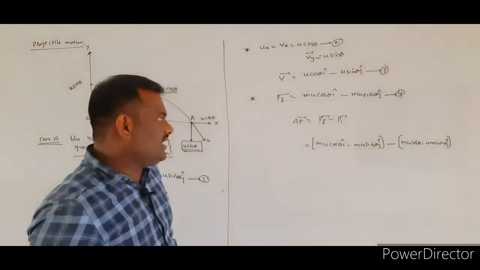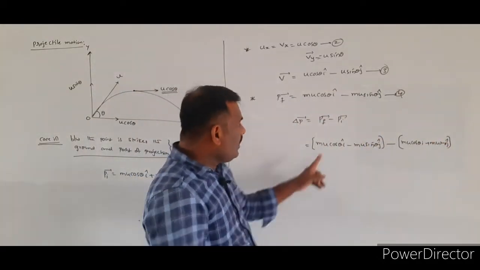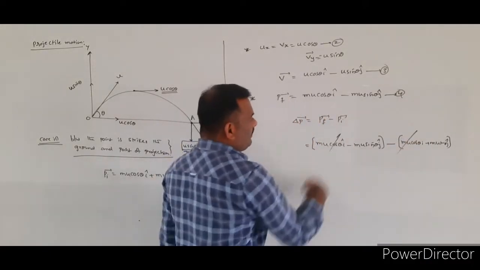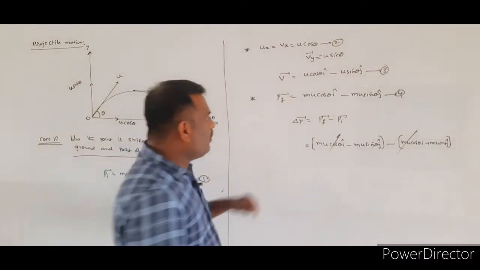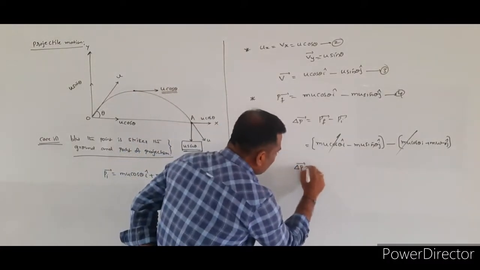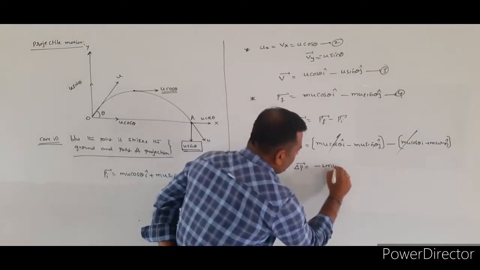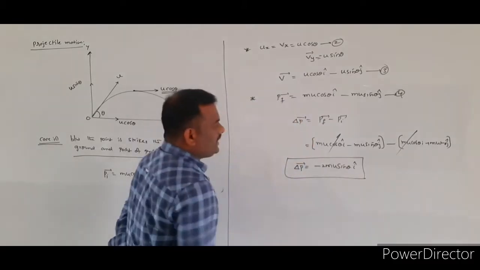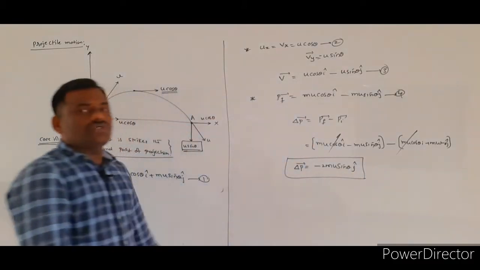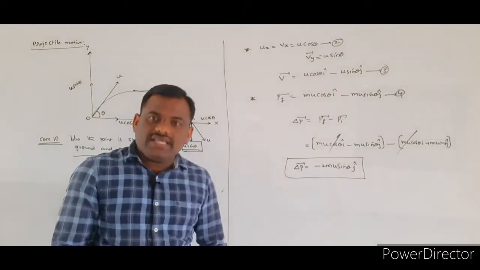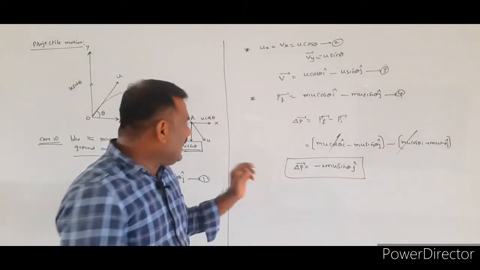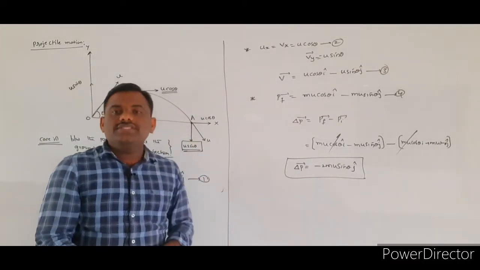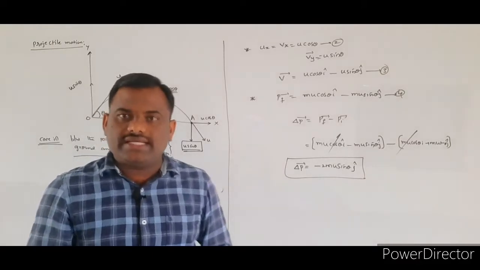So here mu cos theta i cap positive value minus mu cos theta i cap negative value, so these two will get cancelled. So finally you get the change in momentum value is equal to minus 2 mu sin theta into j cap. So this is the expression for change in momentum of a projectile at the point A while it is hitting the ground. So this is the change in momentum in the case of projectile motion.